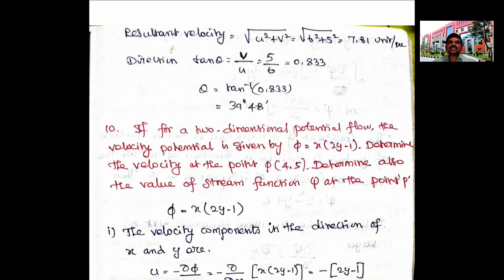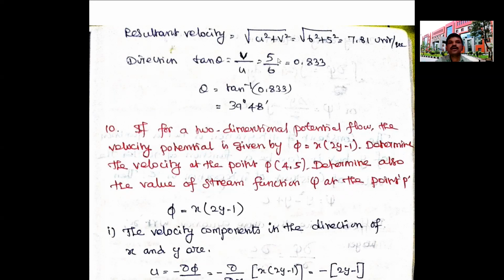Next, come to direction. Direction means at what angle it is flowing. This is the formula for calculating the direction: tan theta is equal to v divided by u. This is not u, this is v. Theta is the angle, so theta is tan inverse of v divided by u. What is v divided by u?